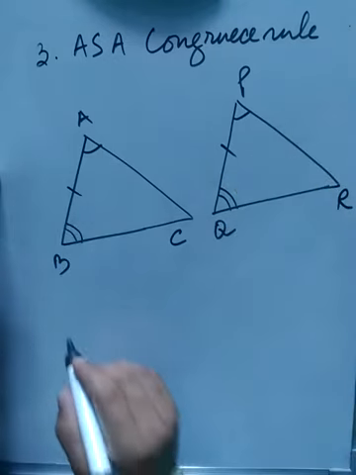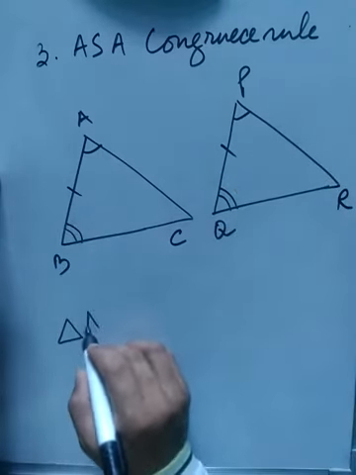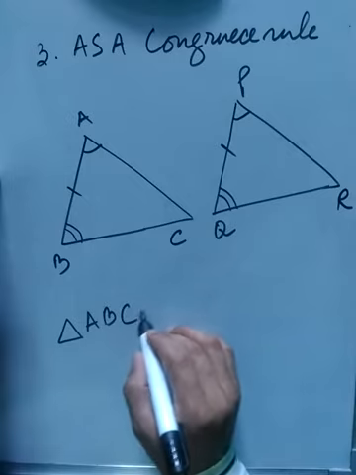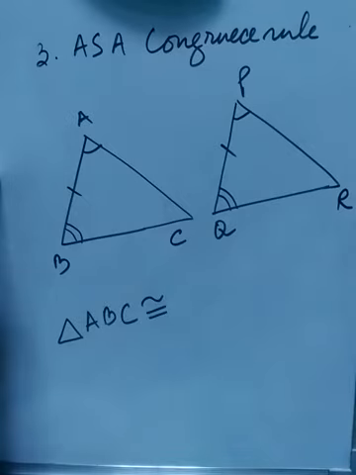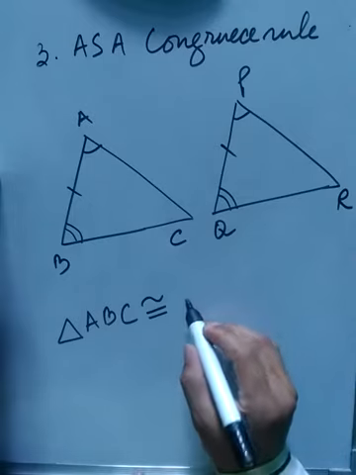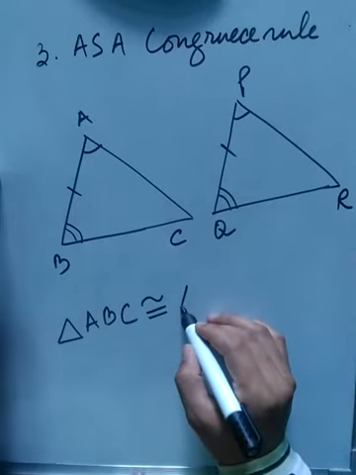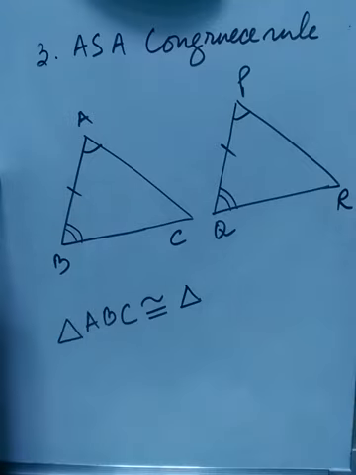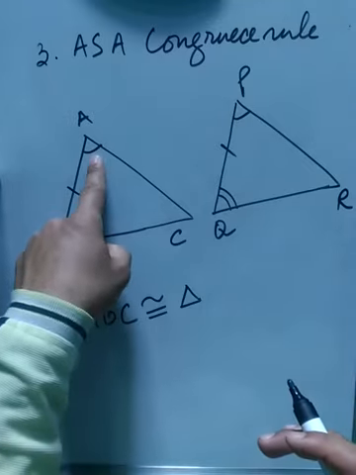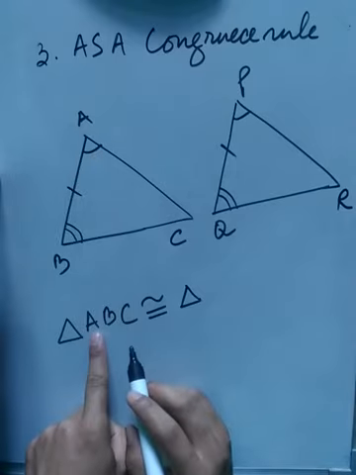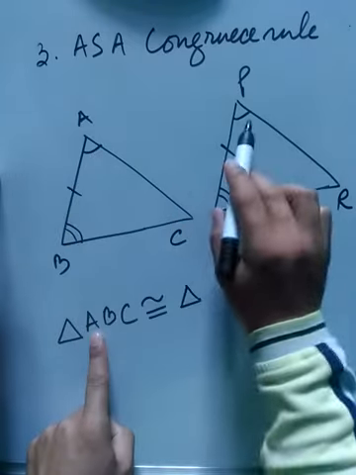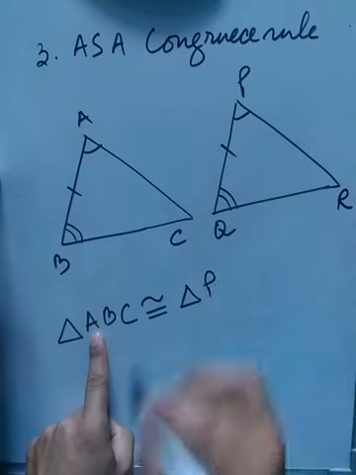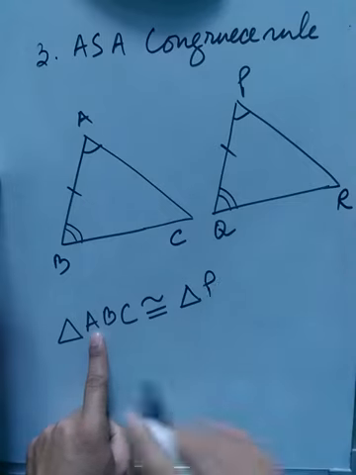So now let us write triangle ABC congruent to triangle. Let us shorten a little bit now. A is at the first. A and which angle are equal? P. Nothing wrong.